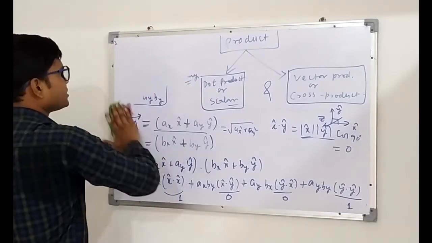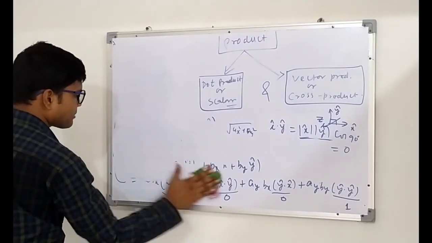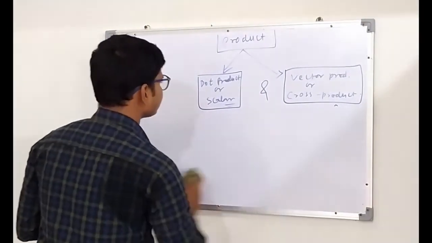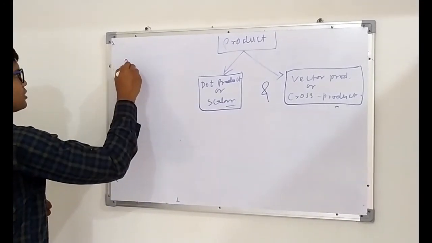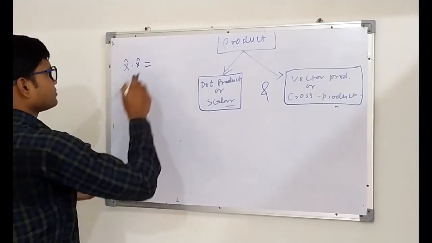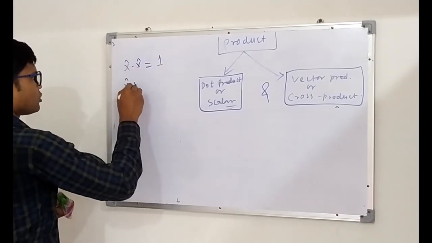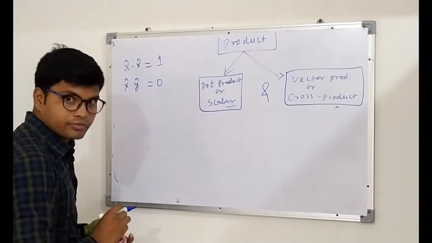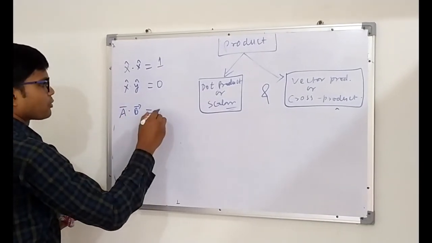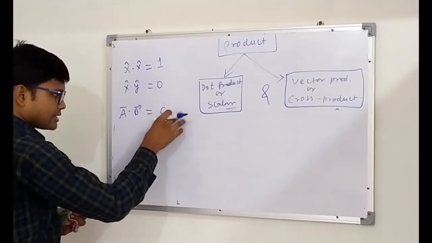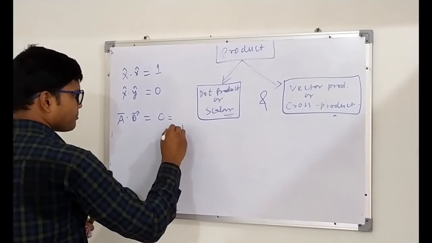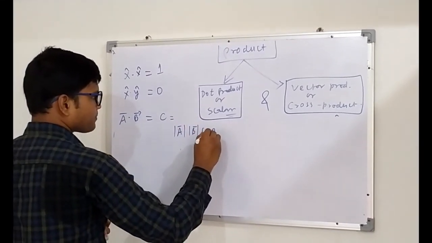The important things that we have noted here in the scalar product: x hat dot x hat, any two vectors in the same direction will produce 1. Any two vectors orthogonal to each other will produce 0. Again we see that the dot product of any two vectors will produce a scalar, which is also equivalent to A magnitude, B magnitude, and cos theta.